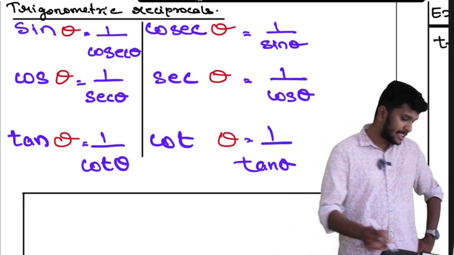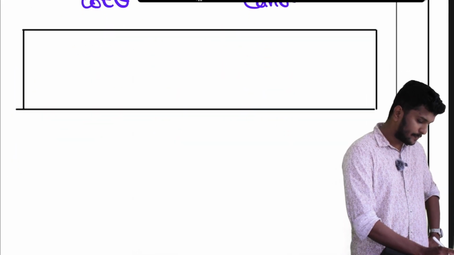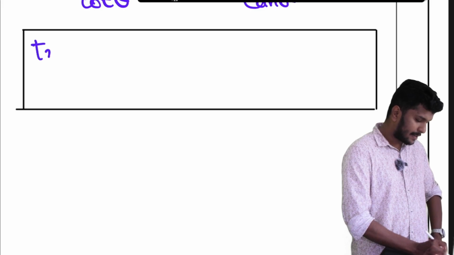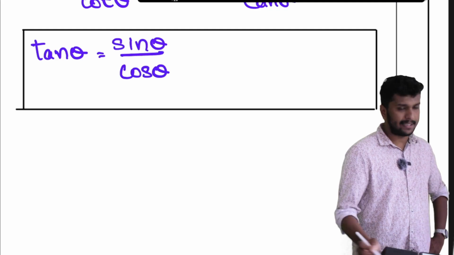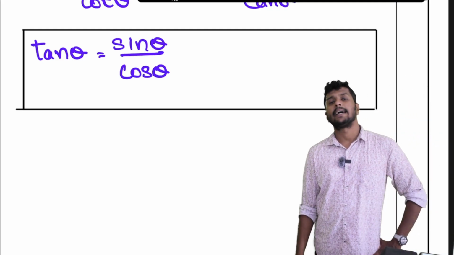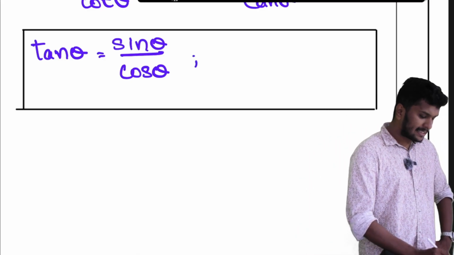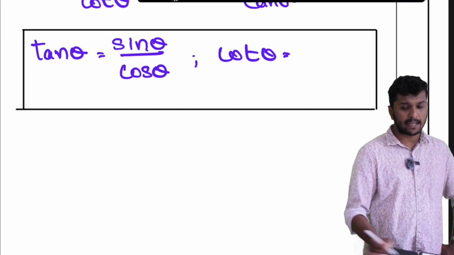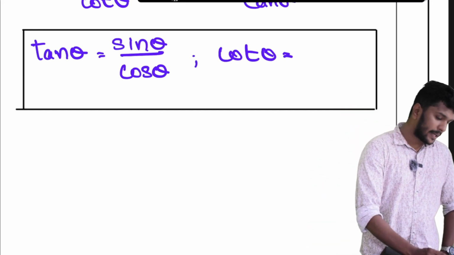Tan theta, we have a special formula. The special formula for tan theta is, listen here, tan theta is equal to sine theta by cos theta. And at the same time, its reciprocal cot theta, how can I write it, my dear friends? Look here.